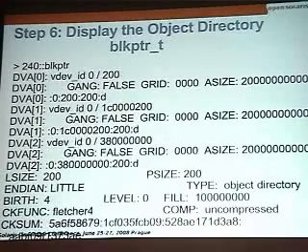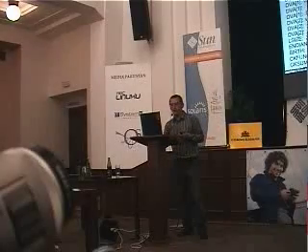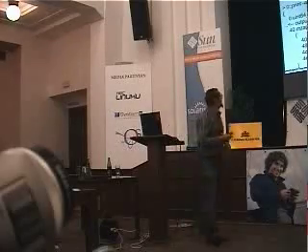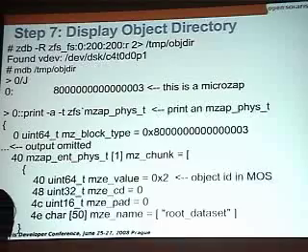So basically what I'm going to do is go to location 200, and dump out the 200 hex bytes, which should be the object directory ZAP object. And to see that it's an object directory, I just dump out the first 64 bits.